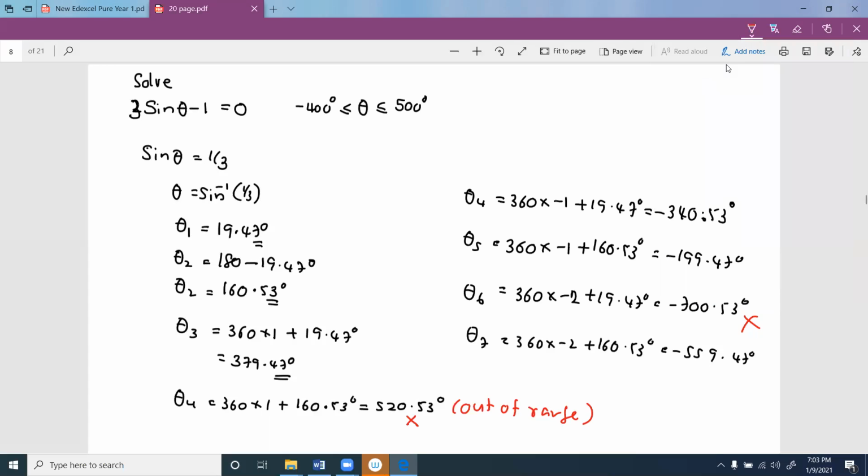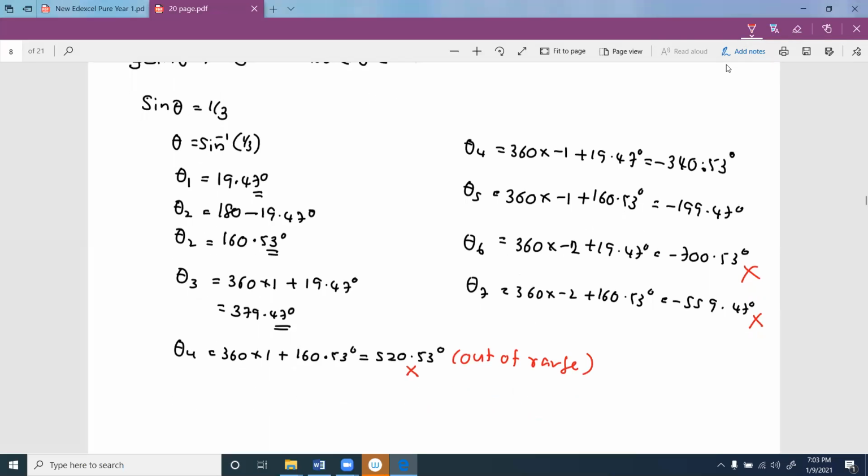Then you can finalize your answer in this format. The valid solutions here are 19.47, 160.53, 379.47, minus 340.53, and minus 199.47.